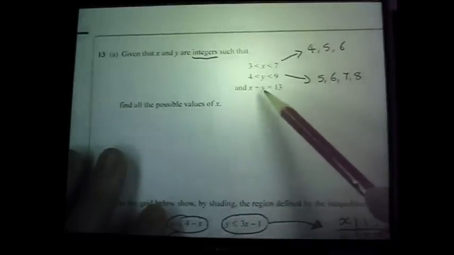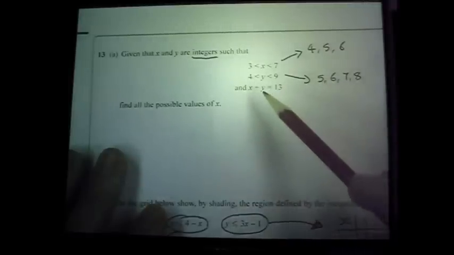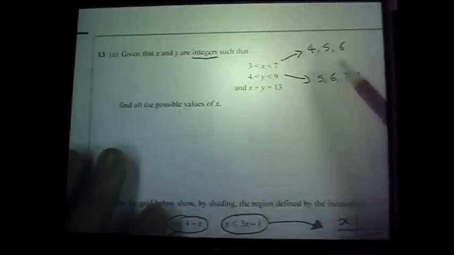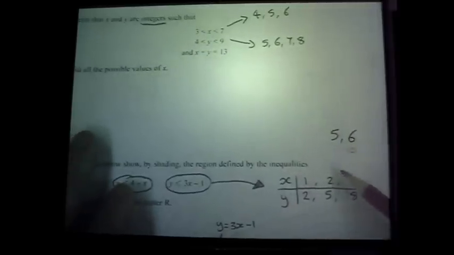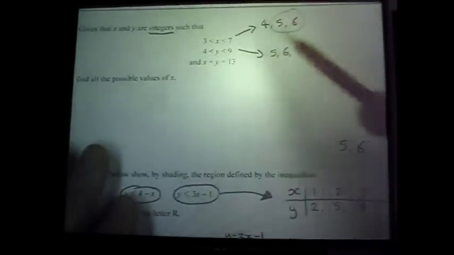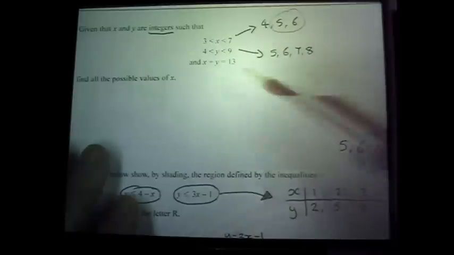What adds 7 gives you 13? That would be 6. Let's pretend it's 6. If y is 6, you'd need to have a 7 there, but x cannot be 7. So that's why it is only 5 and 6, because you need to add these to these, and it only works with 5 and 6. If you add 4 to 8, look, you don't get a high enough number.